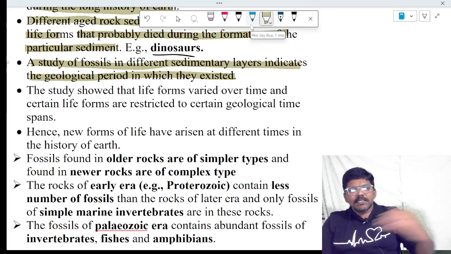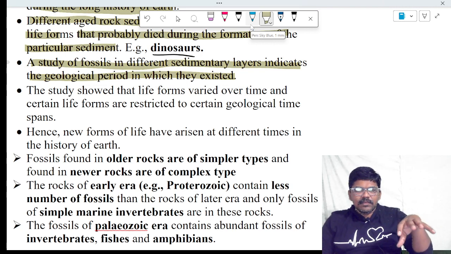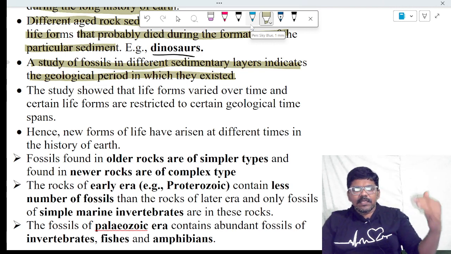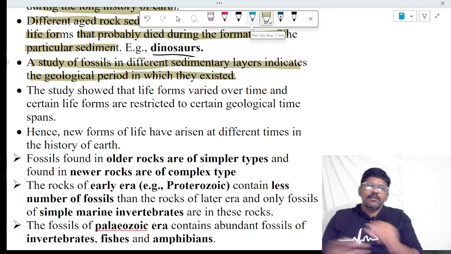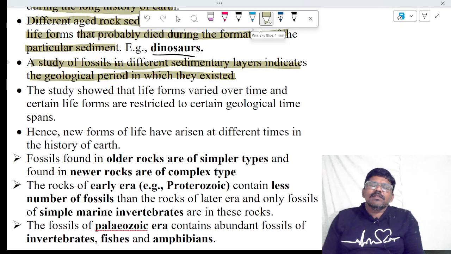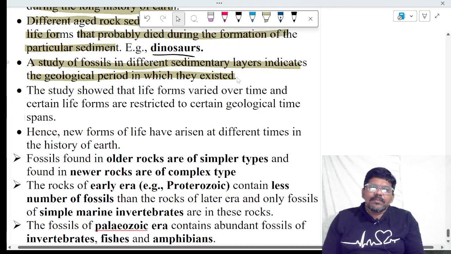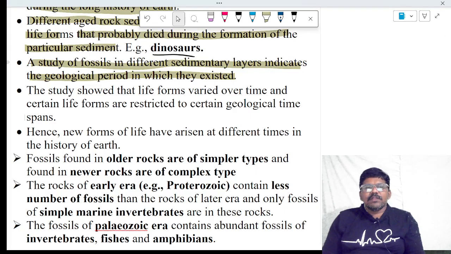Just like the age of a human being, 1 year, 2 years, 3 years, 5 years old, is divided into different eras, periods, epochs. The sediments are formed with the fossils of life that lived in that particular geological period.